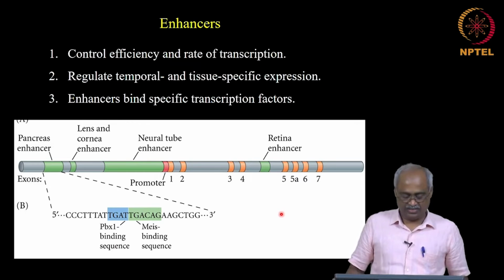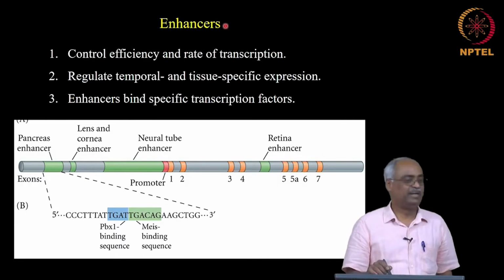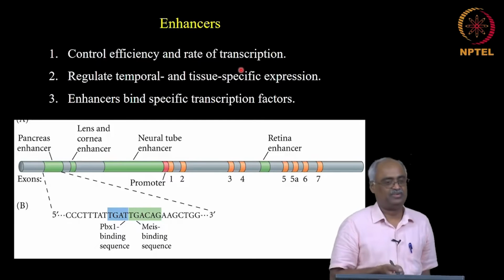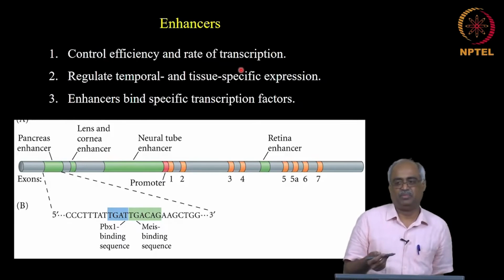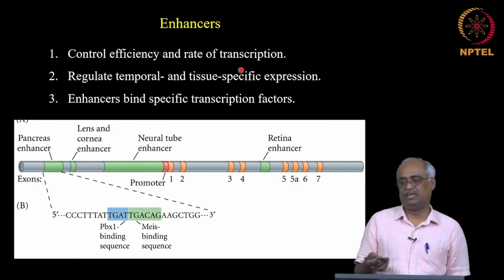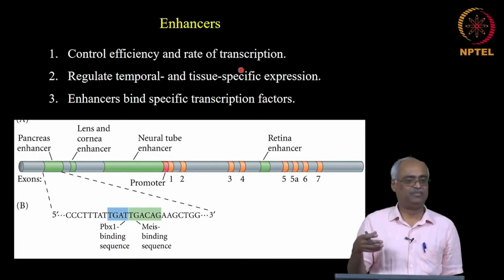That is what we are going to look at, and they are called enhancers. So, what are enhancers? The first point tells you they control efficiency and rate of transcription.